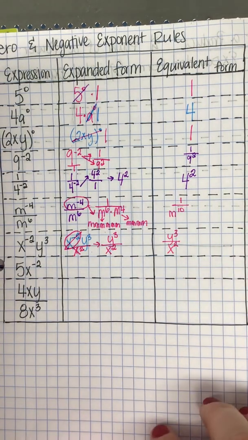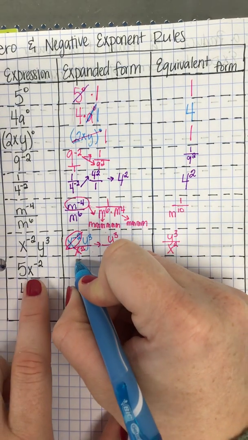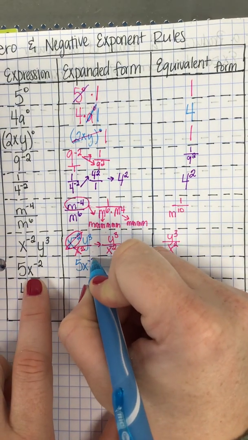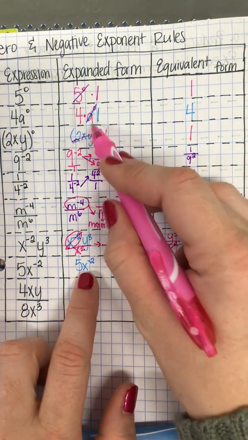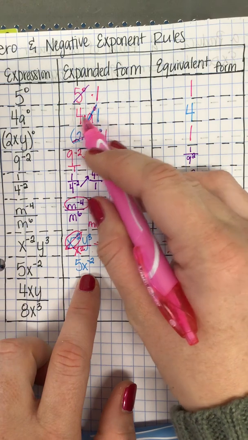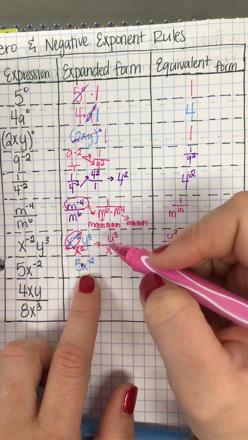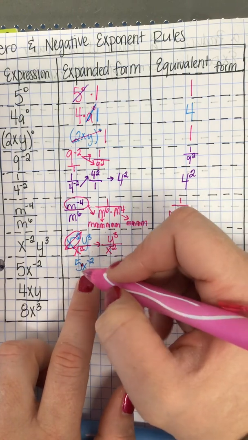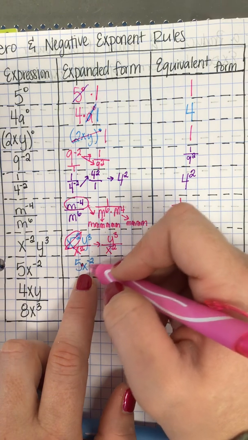Okay, almost done, have 2 more. All right, so now we have 5x to the negative 2. Just like I was saying up here, remember when you have a number and a variable right in front of each other, they're multiplying. It's an implied multiplication. So the 5 does not have the negative exponent.